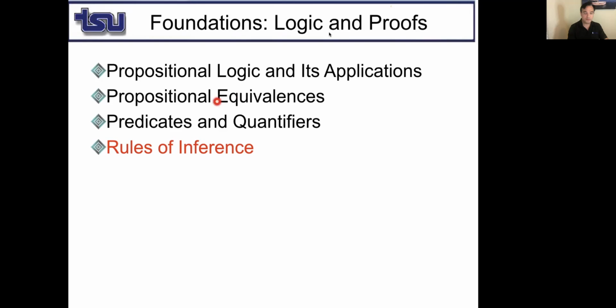We talked about propositional equivalences, and then we also talked about predicates and quantifiers, especially existential and universal quantifiers, in the last lecture. Now we are going to introduce rules of inference, both for propositional logic and predicate logic. And the next video is going to introduce how to prove mathematical statements using different techniques.